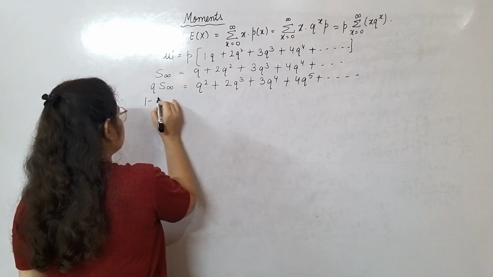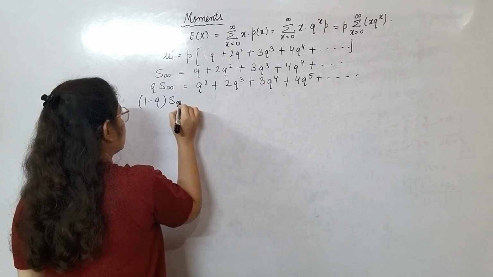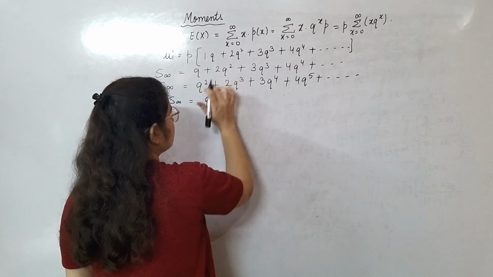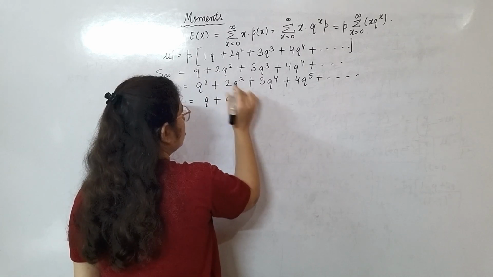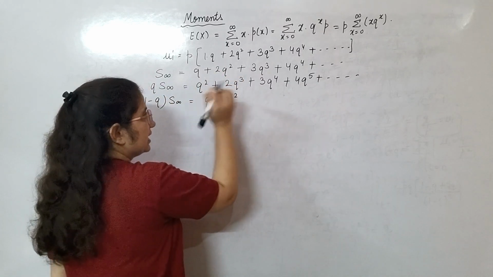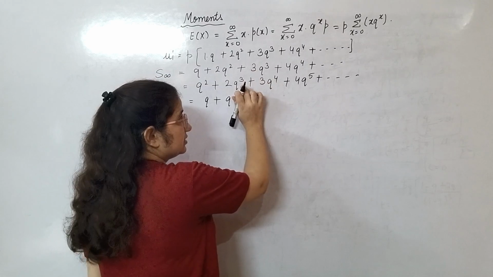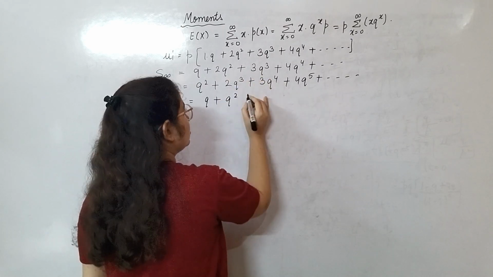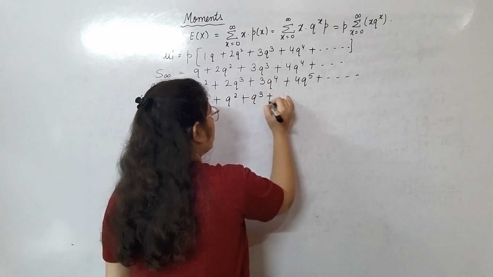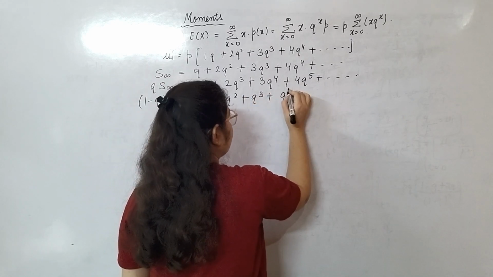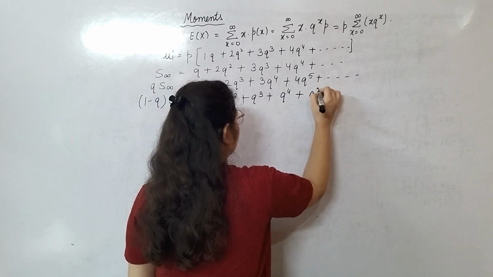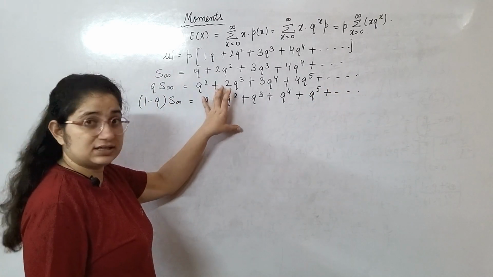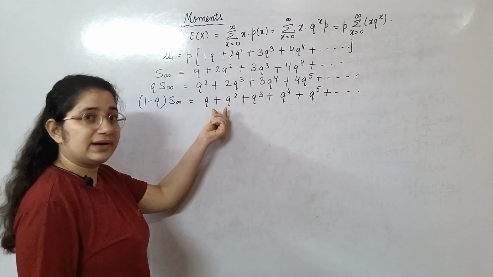Now subtract this term minus this term. q will be as it is, then 2 minus 1 is 1, q square as it is. 3 minus 2 will be 1, q cube as it is. 4 minus 3 will be 1, q4 as it is, q5 as it is and so on. Now this AP and GP series is converted totally into a geometric series.